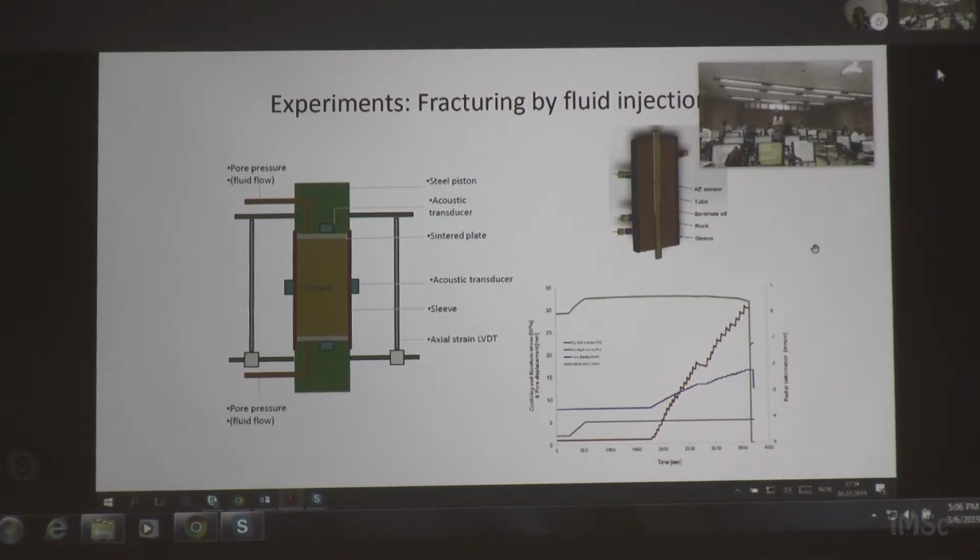In the right-hand side top, you can see a cross section of our sample and the placing of the acoustic emission sensors, the sleeves, and the position of the borehole. At the right side below, you can see the plan for our pressure, how we increase our borehole pressure.